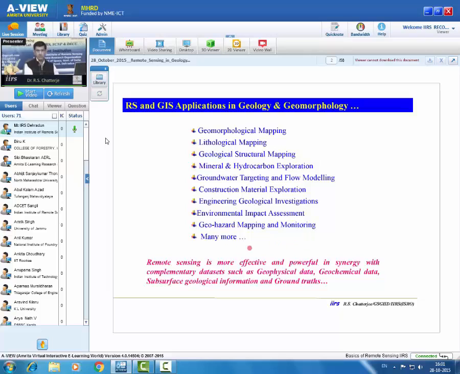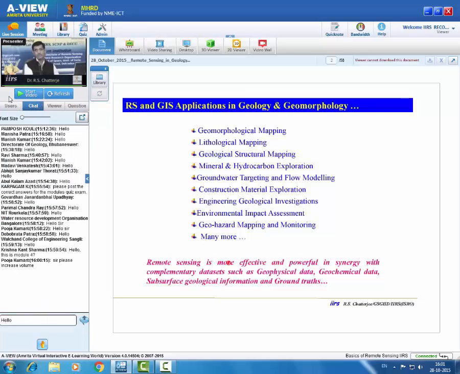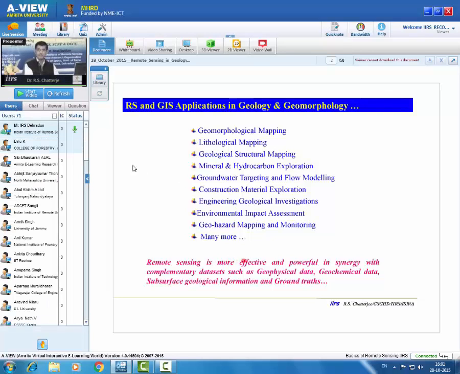But we should note one thing, that remote sensing is basically one tool, and this is a tool used from space. So this tool will be very effective and very powerful when it is used in synergy with complementary data sets like geophysical data, geochemical data, subsurface geological information, and ground truths.